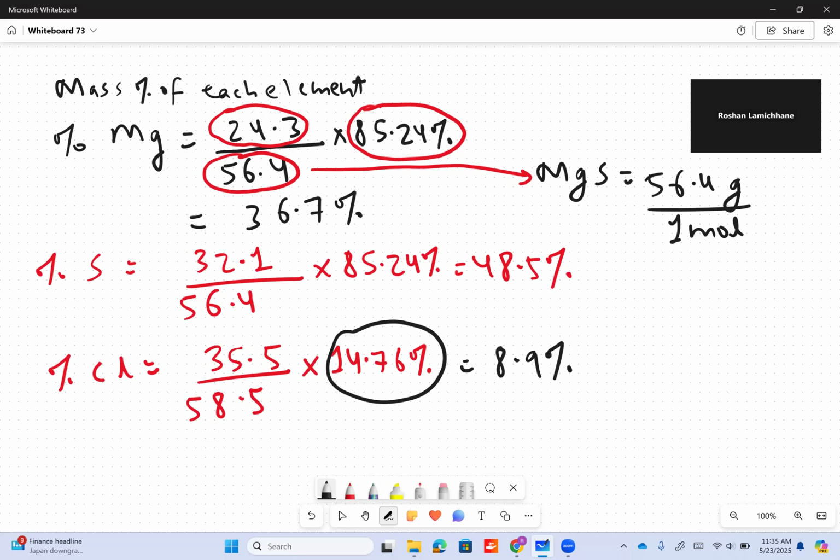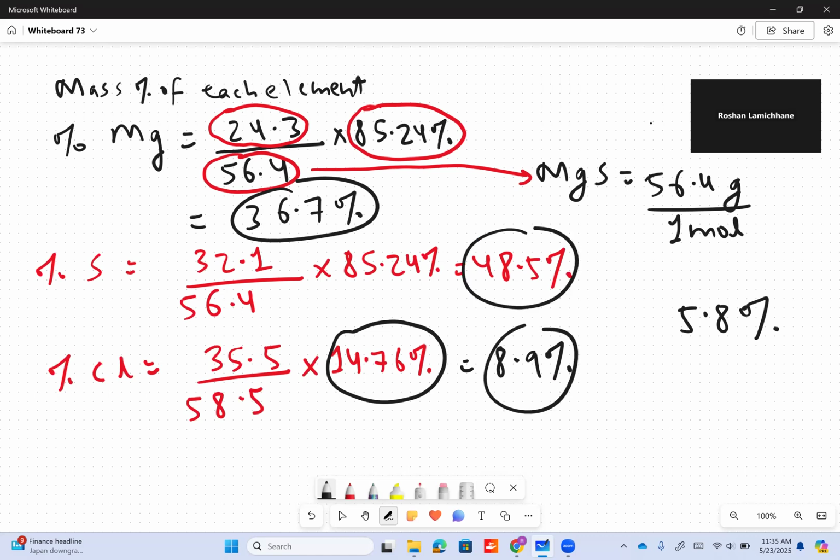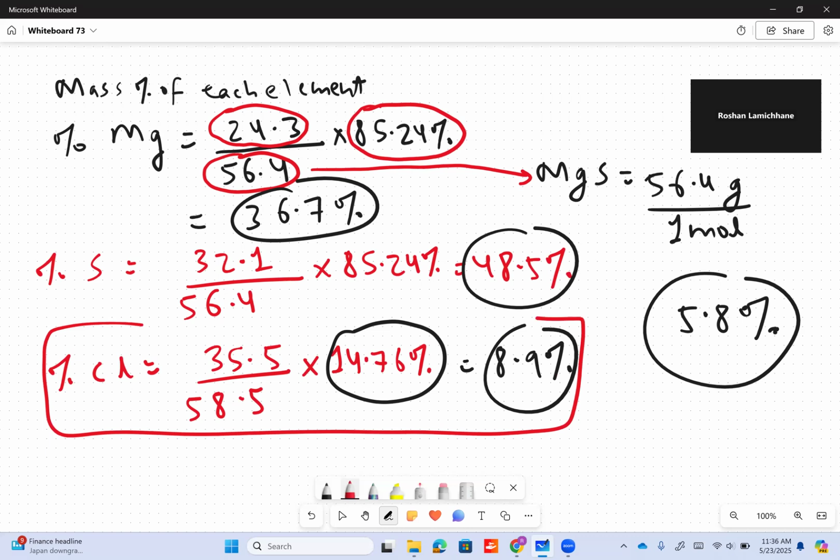And sodium was 5.8%. That means if you add all these numbers up, 36.7, 48.5, 8.9, and 5.8, it'll give you something very close to 100%. For percent Cl, you don't have to really do this. If you add the other numbers up and subtract that from 100%, that should give you the 8.9%.